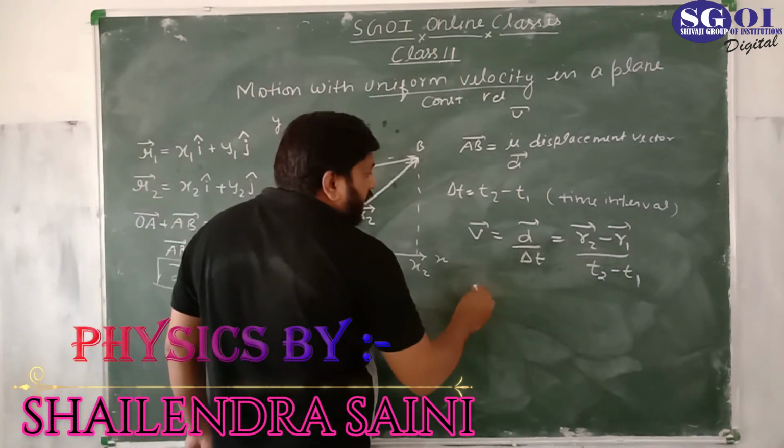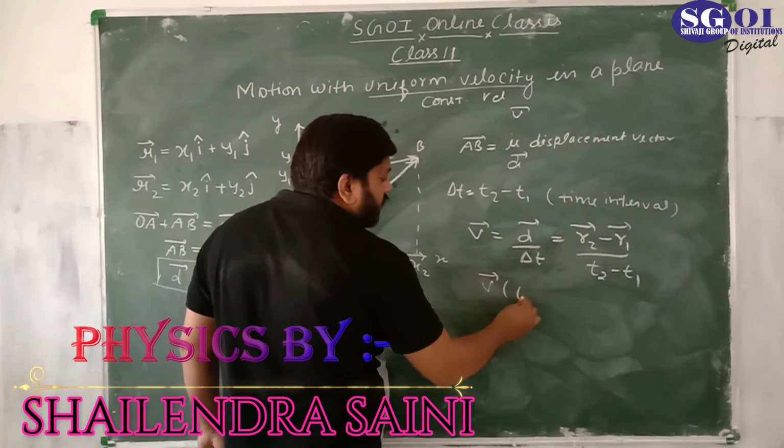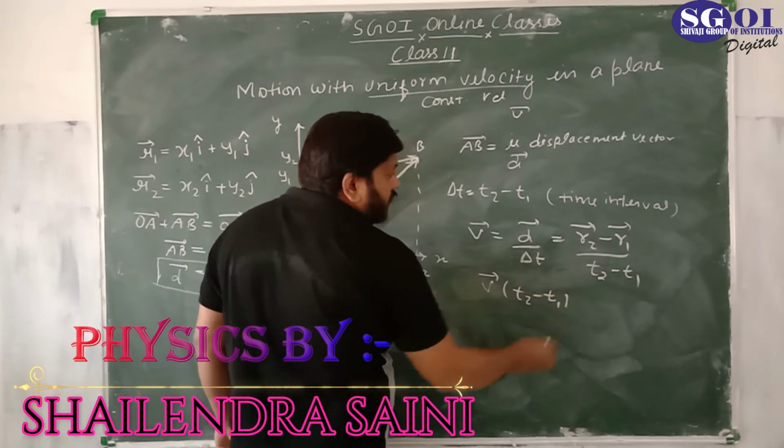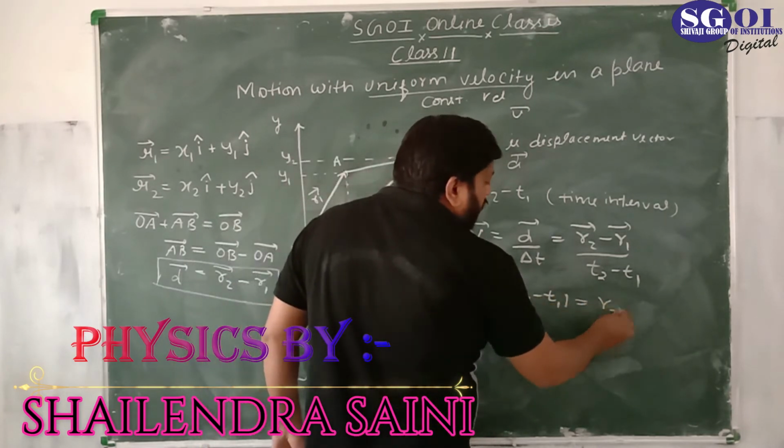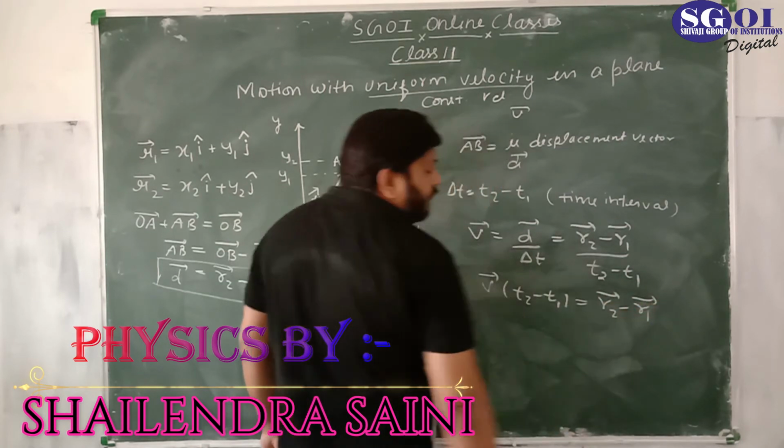Now multiplying both sides, we get v vector times (t2 minus t1) equals r2 vector minus r1 vector.